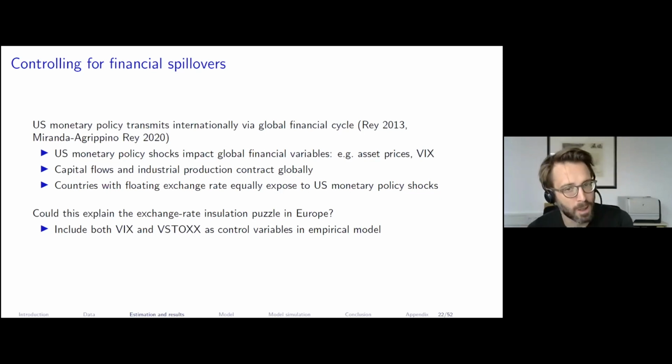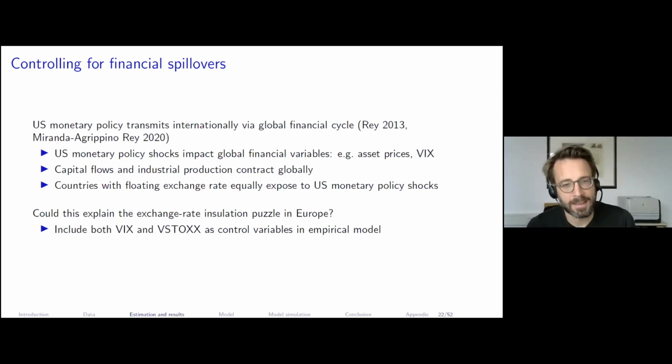So could be something like this going on in Europe as well. I mean, we wouldn't have thought so, because Helene's point is related to the special role of the US and US monetary policy in the global financial system.